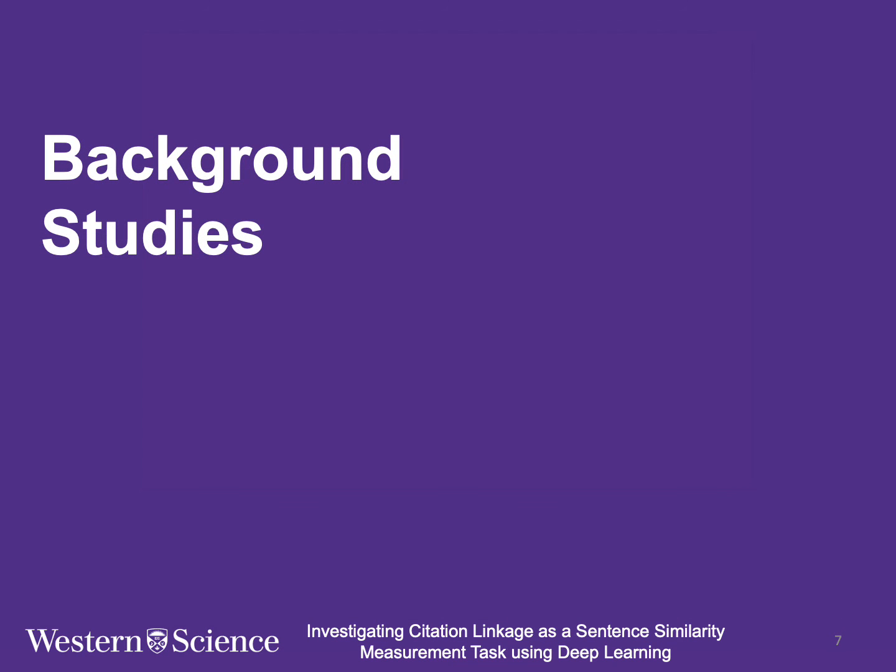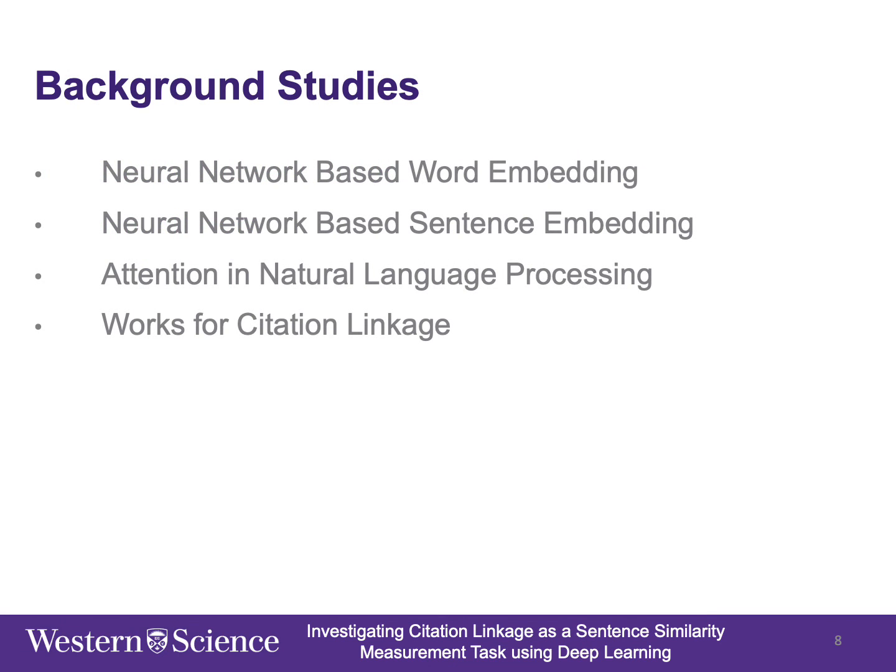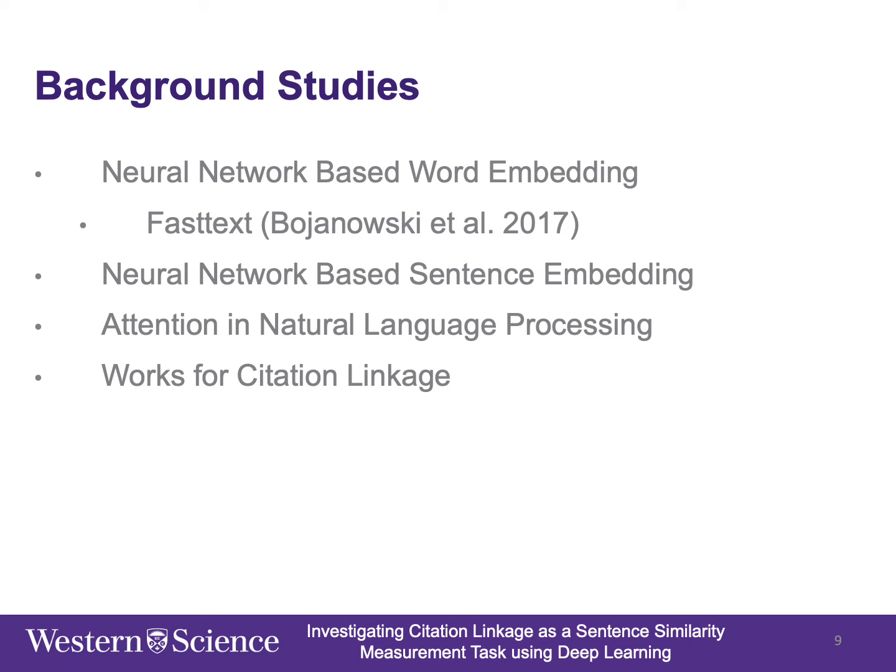So now I talk about the background strategy. We have used different word embeddings, an unsupervised sentence embedding for the annotated sentence pair creation, and different attention mechanisms. For the word embedding, we used FastText because it has the ability to generate word embeddings for out of vocabulary words using the subword information, which is very essential for chemical names.